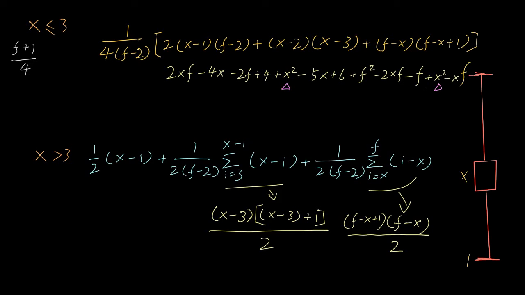Combine all x squares and we will get the coefficient of x squared, which is 2. And then let us look into the coefficient of x. Positive 2xf, negative 2xf is gone. And we have negative 4x, negative 5x, and negative x, which makes the coefficient of x negative 10.